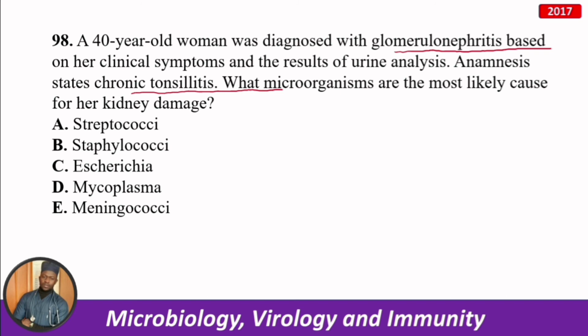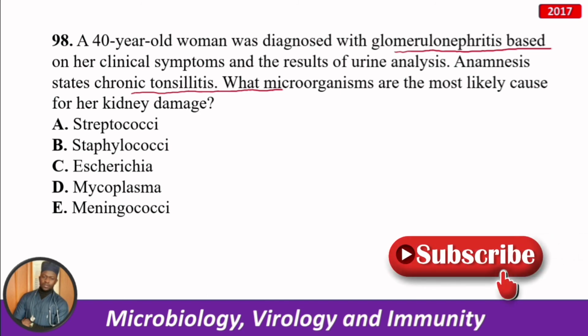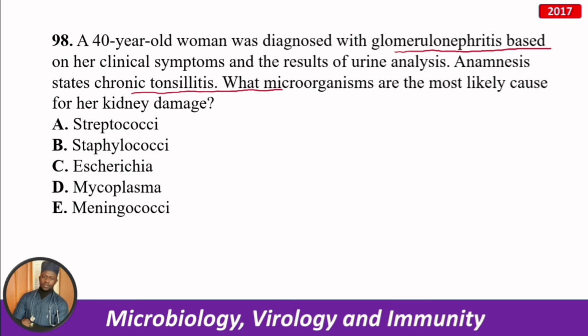This is post-streptococcal glomerulonephritis, one of the immune-mediated diseases caused by group A streptococcus, or Streptococcus pyogenes. Which other immune-mediated disease is caused by this same bacteria? Yes, it's rheumatic fever. So here the answer is streptococci.